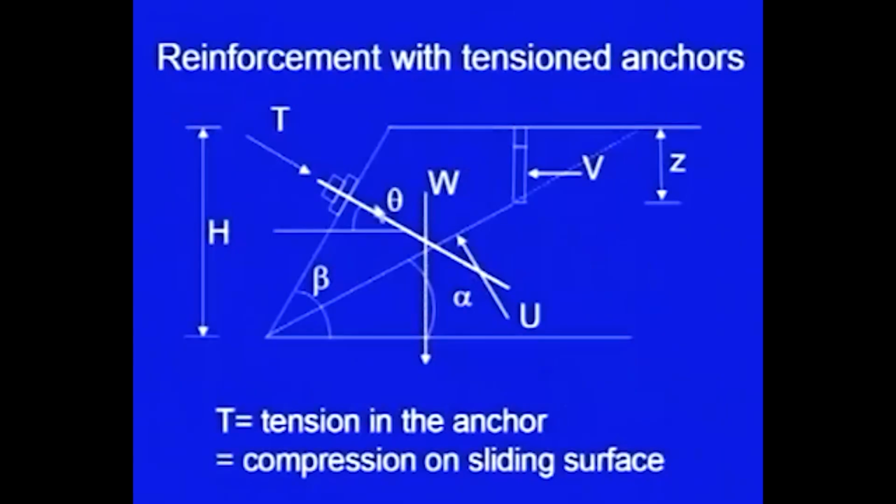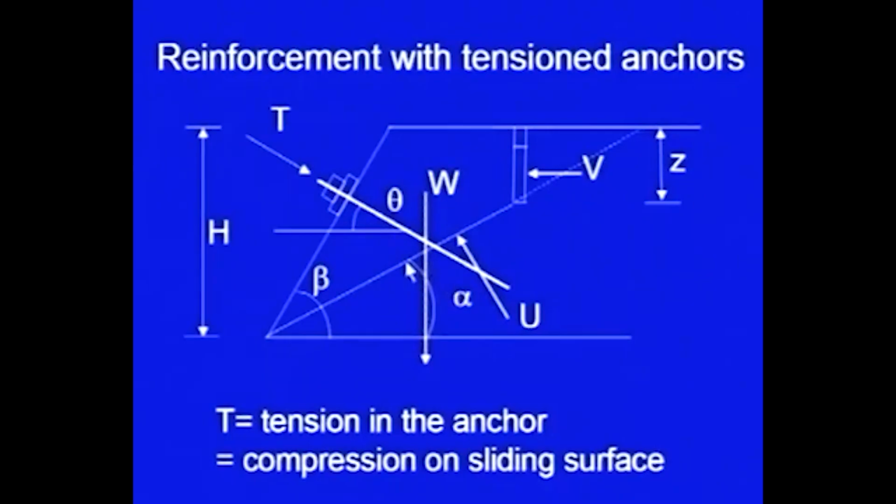Let me explain it here. This angle I have taken theta. So, if I draw a line here, then this angle will be theta, and the joint plane is making alpha degree here. So, this joint plane will be making alpha degree with the horizontal. So, angle of the anchor with joint plane will be theta plus alpha.